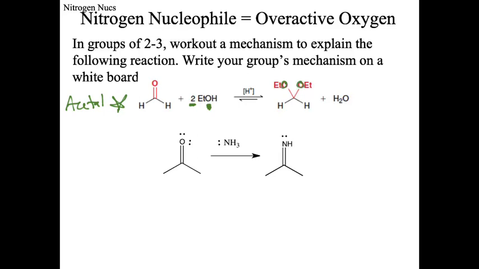Two oxygens attacked. We good? Let's take a look at the nitrogen one. How many nitrogens came in and attacked? Why would I only get one nitrogen attack? Isn't nitrogen supposed to act just like oxygen? Shouldn't I be forming an acetal equivalent with two nitrogens? No. Why not?